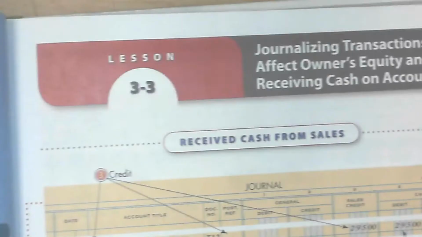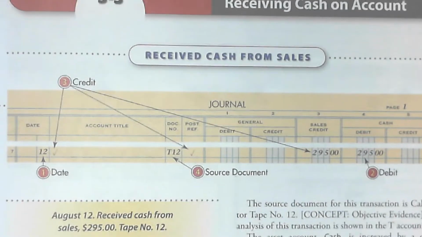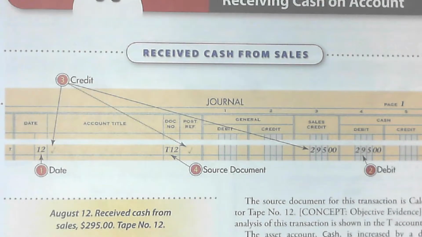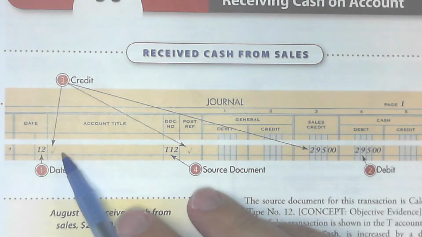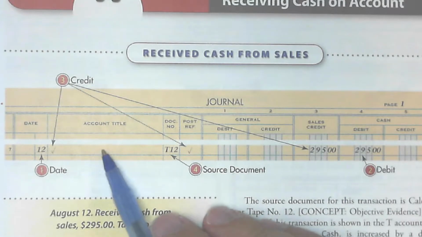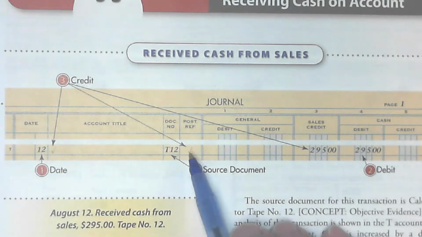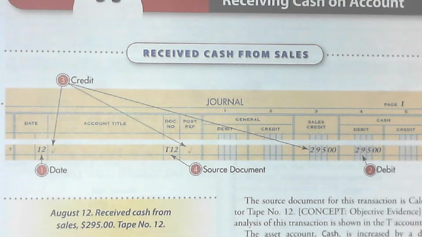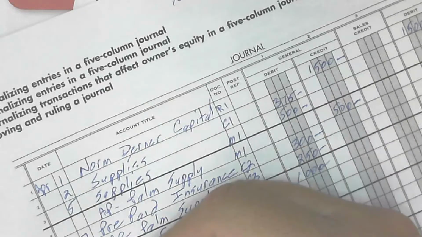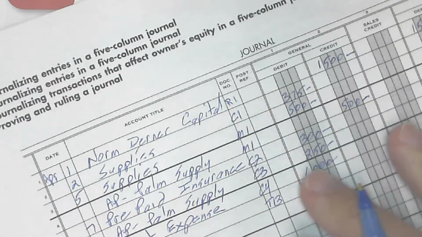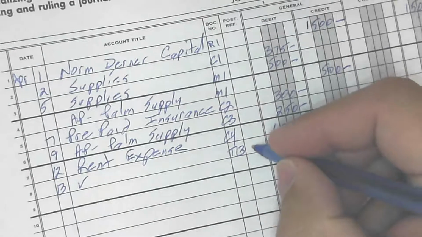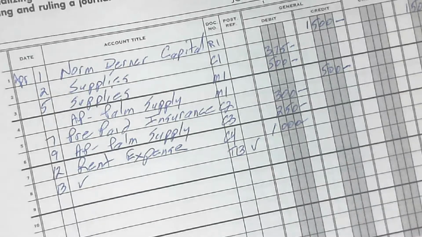It's on the very first page of this section. Now when we have cash, we don't have to put any account title in here. All we're going to do is put in a check mark for cash. So just a check mark. And for our posting reference, we're going to go ahead and fill that one in too as a check mark.